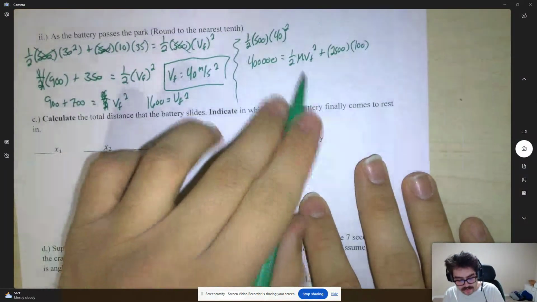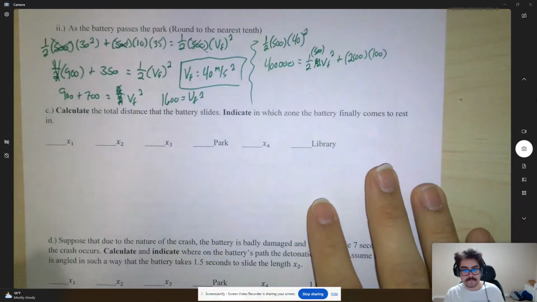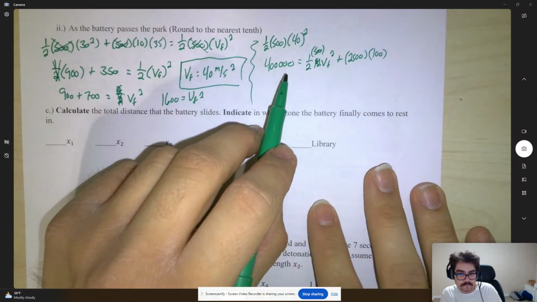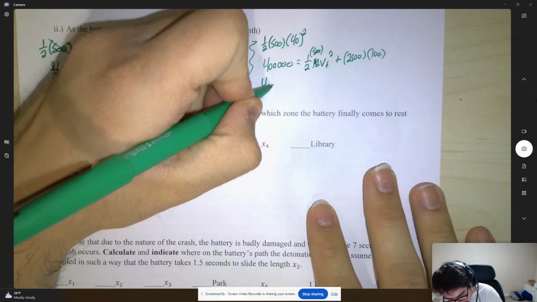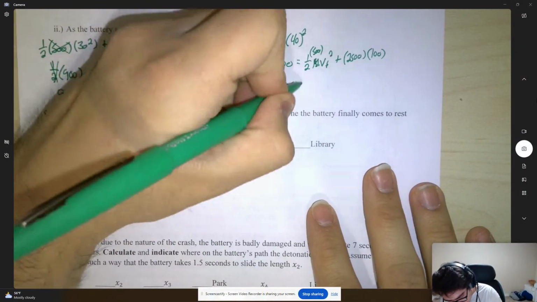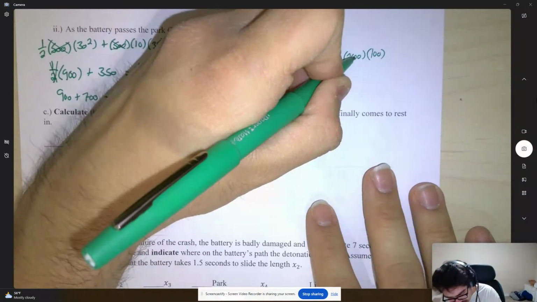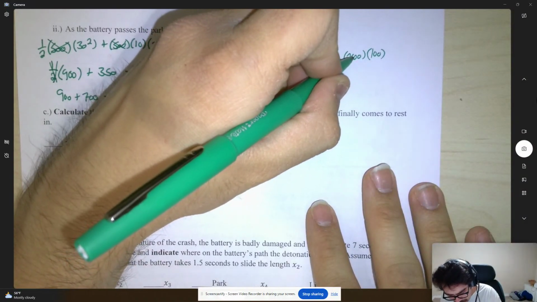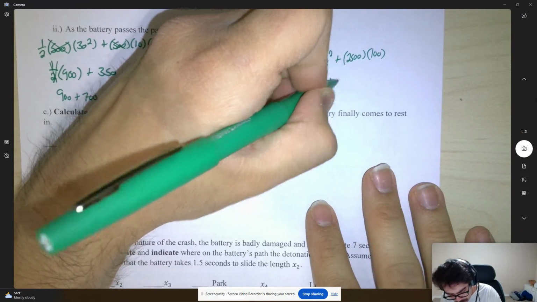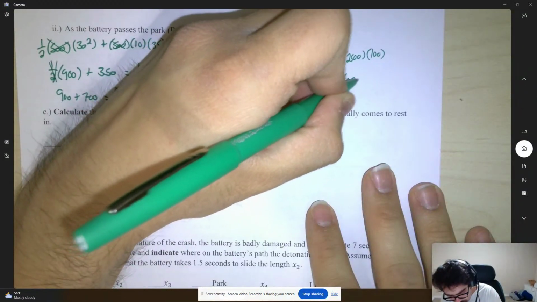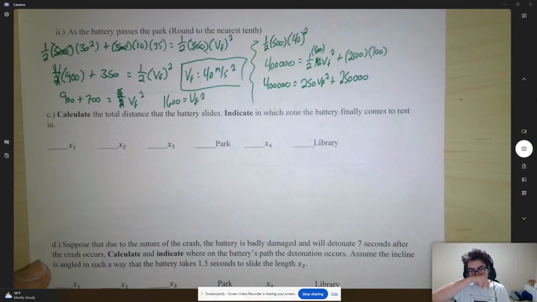Okay. And I forgot to replace my m right here with 500. And at this point, this is just going to become 400,000 equals 250 v final squared plus 250,000. Tack on 2 zeros at the end for the 100.